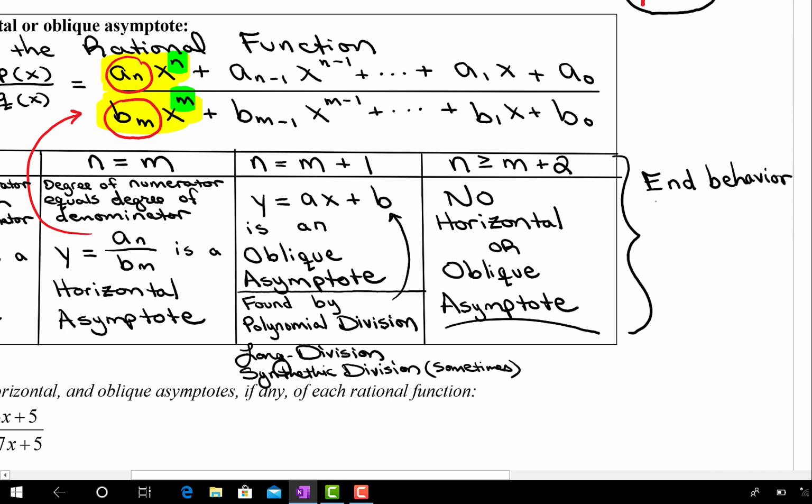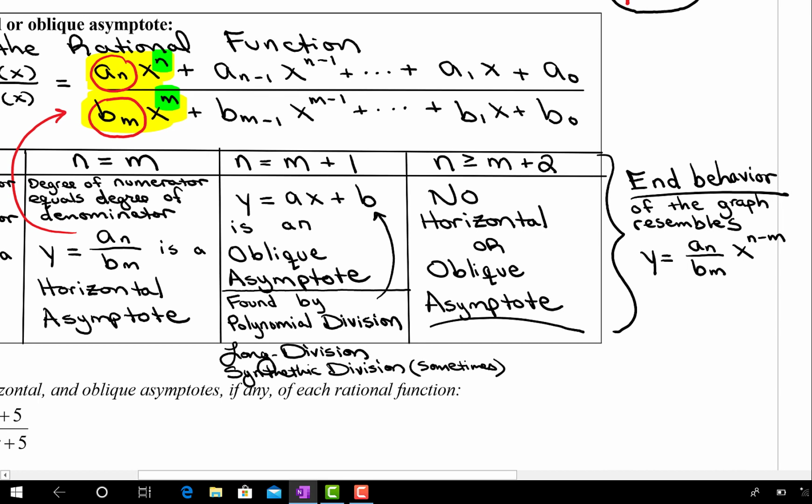So, the end behavior for something that looks like this, where n is greater than or equal to m plus 2 for those degrees, the end behavior of the graph resembles y is equal to a sub n over b sub m times x raised to the n minus m.